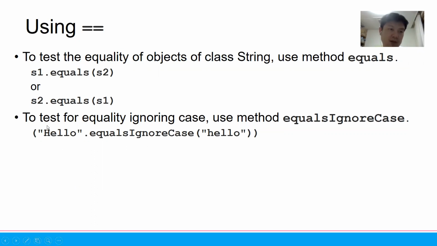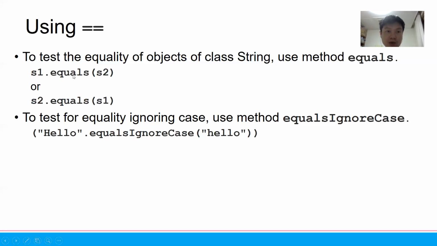There's another method, we call it equals ignore case. The equals ignore case is the test for equality, which is ignoring the case. Case means the capital. Okay, you can see it's big H and small h, so it's case sensitive. If you are doing equals ignore case, then they're both the same.